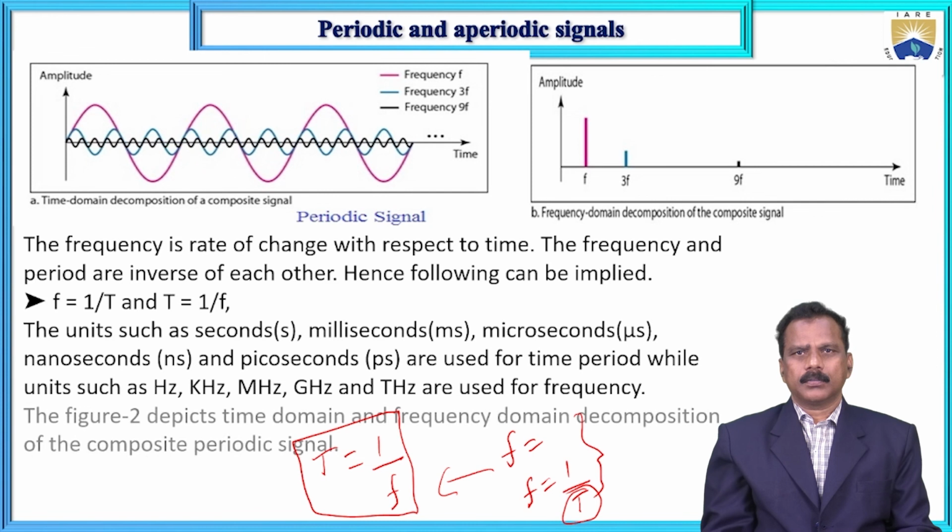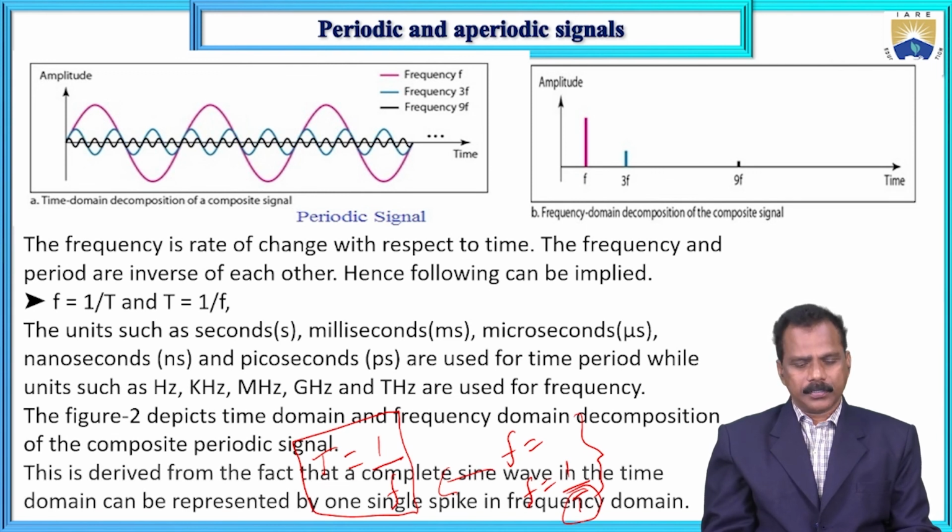The figure depicts the time domain and frequency domain decomposition of a composite periodic signal, which can be observed graphically.